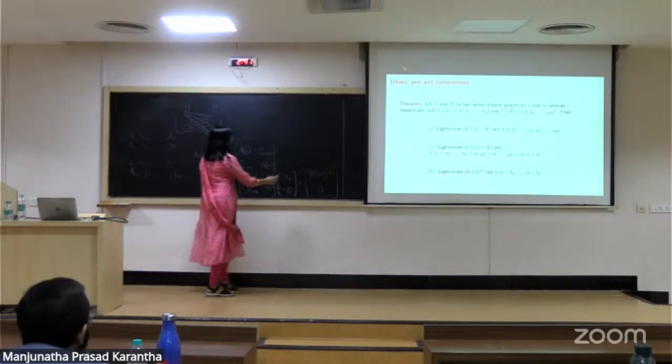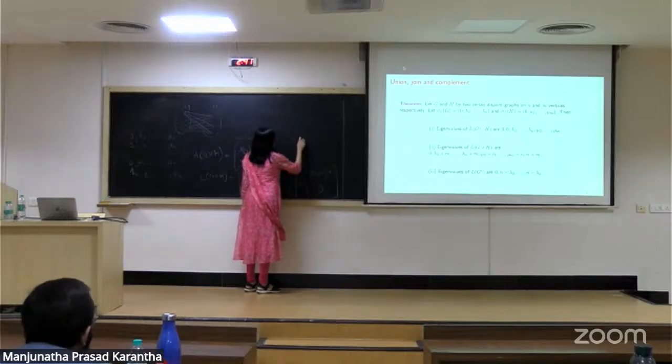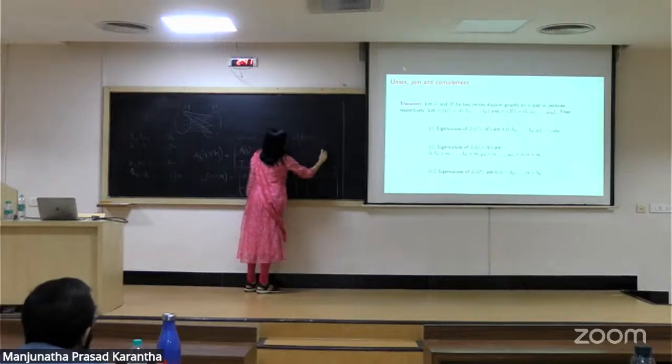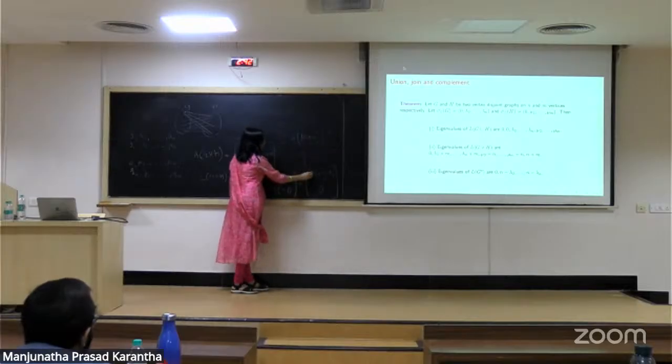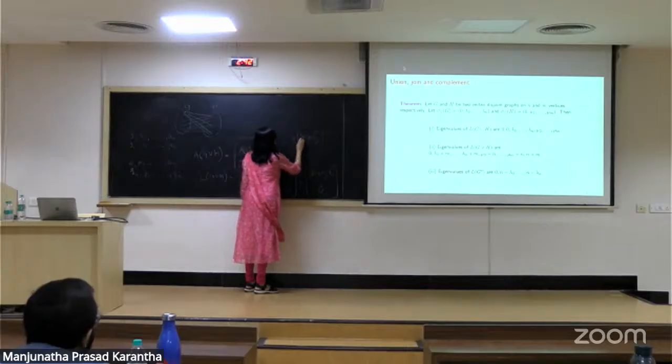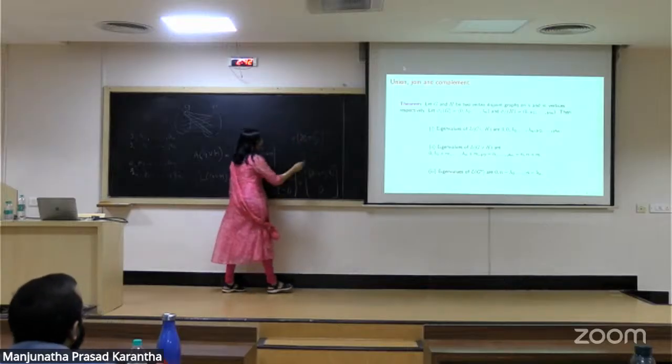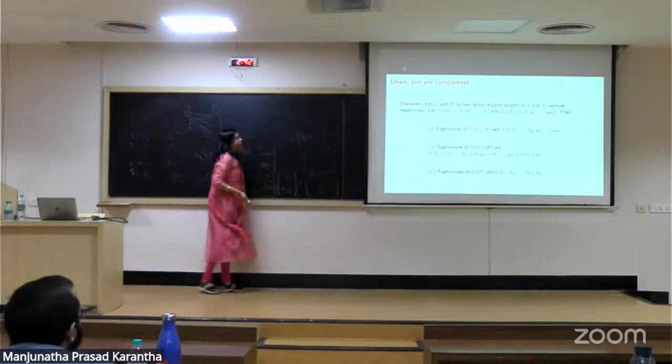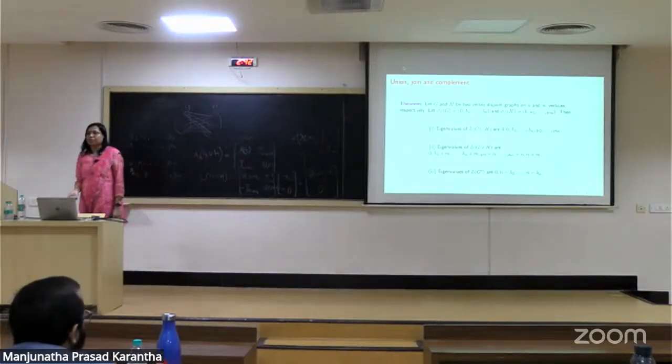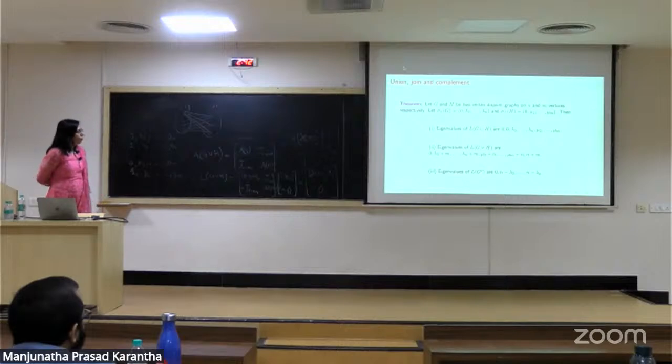So I should take a lambda. Okay, so this is true for any i from 2 to n. So this way you get lambda_i plus n as an eigenvalue with this eigenvector.